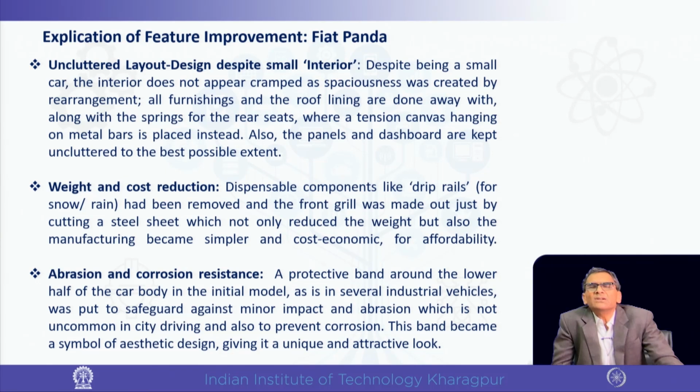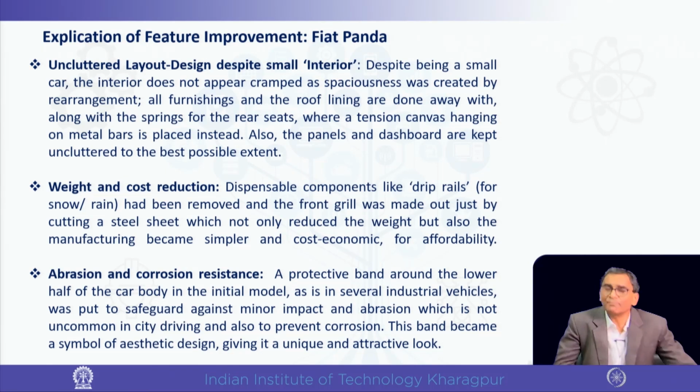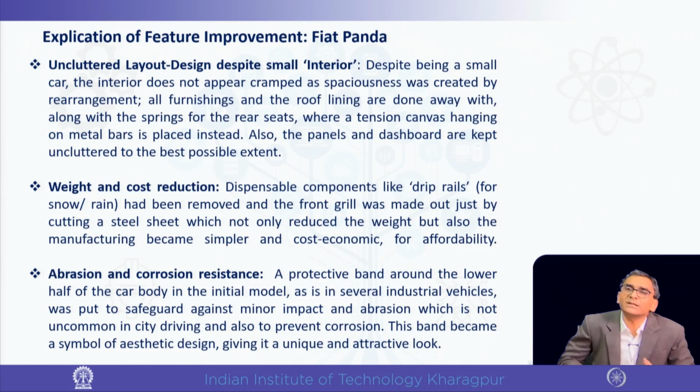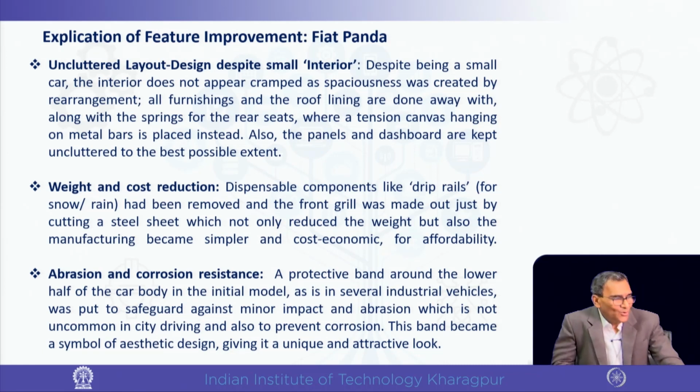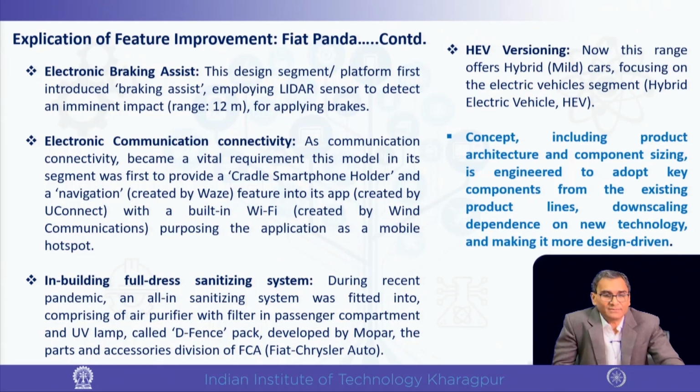For abrasion and corrosion resistance, they provided a protective band at the lower part of the car, so that if it slightly rubs, there will be no scratch. Incidentally, that becomes a very attractive design symbol. People like that lower part with the band, and it gives some attractiveness. Although it was intended for scratch, abrasion and corrosion resistance, people liked it for other reasons too. So that became a thing.